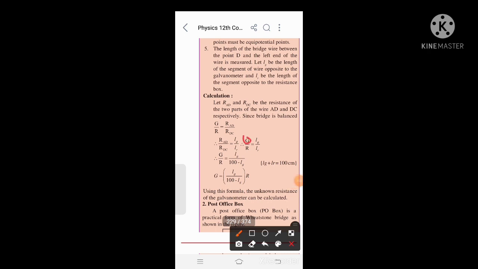Another formula for the resistance of galvanometer is G is equal to Lg upon (100 minus Lg) into R. Using this formula, the unknown resistance of the galvanometer can be calculated.